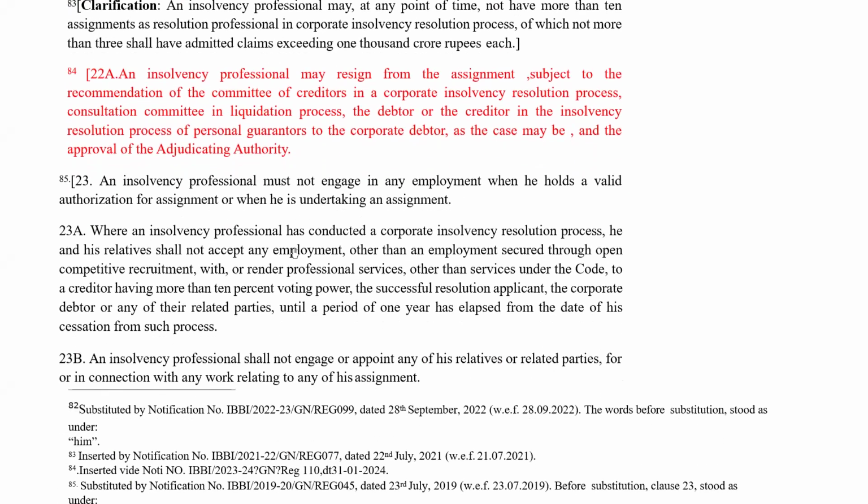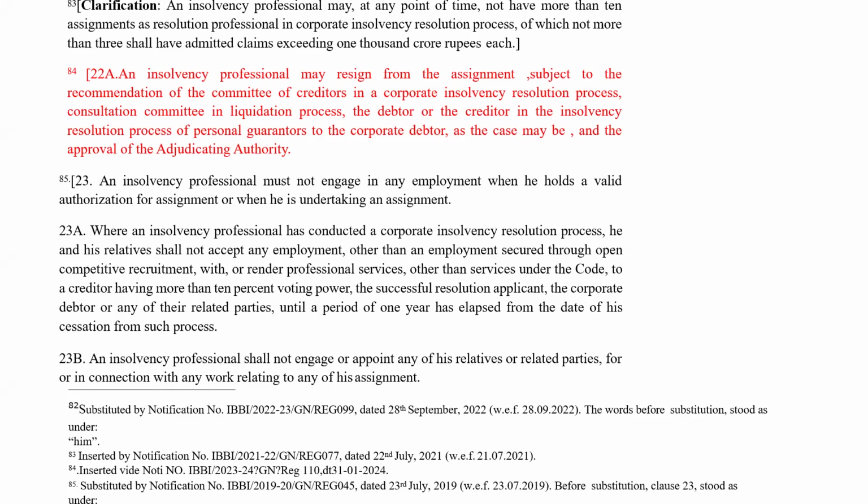Where an insolvency professional has conducted a CIRP, he and his relatives shall not accept any employment other than an employment secured through open competitive recruitment. जैसे मान लीजिए बैंकिंग सर्विस रिक्रूटमेंट बोर्ड का कोई एग्जाम है, उसके थ्रू सिलेक्शन हो गया, दैट इज डिफरेंट, है ना, ओपन कम्पिटिटिव एग्जाम्स में. बट अदरवाइज ऐसा नहीं कि आप तो CIRP कर रहे हो उस बंदे की और उसी में अपने भाई बहन को, बच्चे को लगवा दिया, वो नहीं हो सकता.